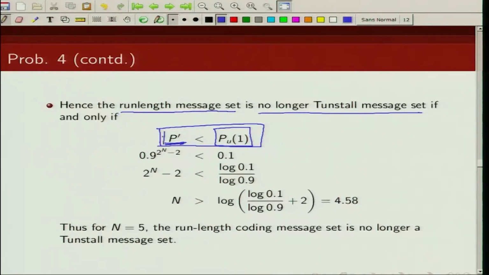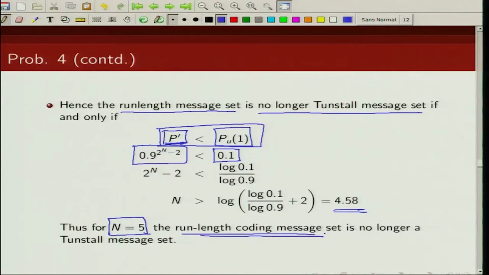And what is this intermediate probability? That intermediate probability is given by this, we have just calculated, and the probability of 1 is given by this. So after simplification, what we get is n should be greater than this. That means if n is greater than 5, then run-length coding is no longer going to be a Tunstall message set.